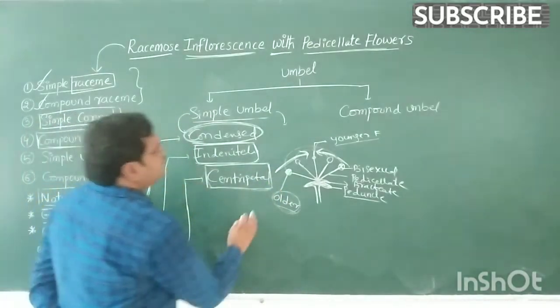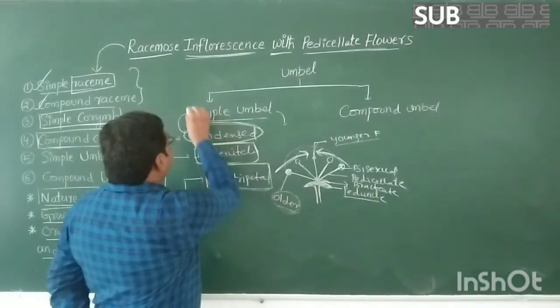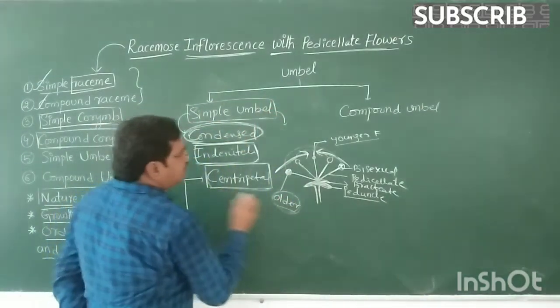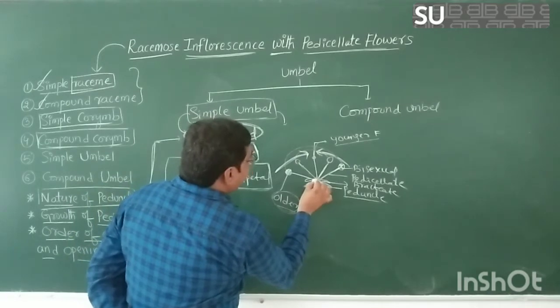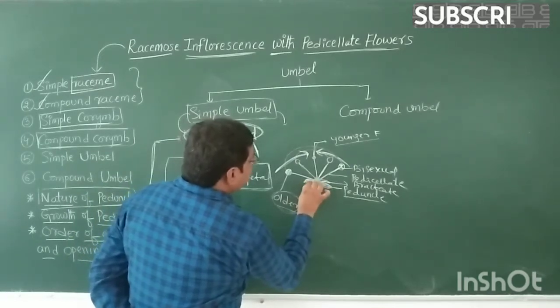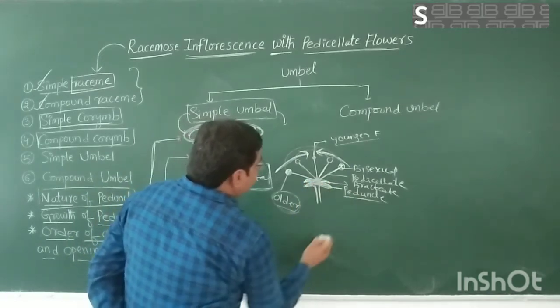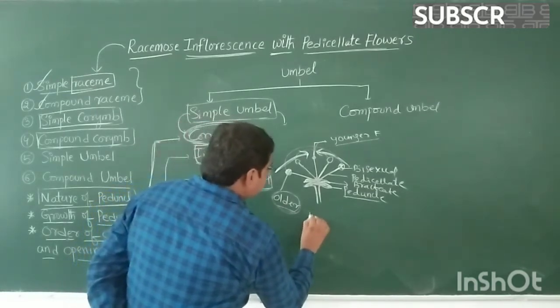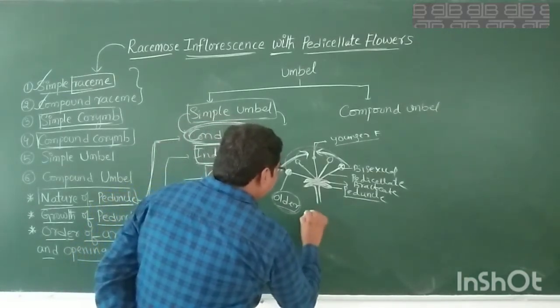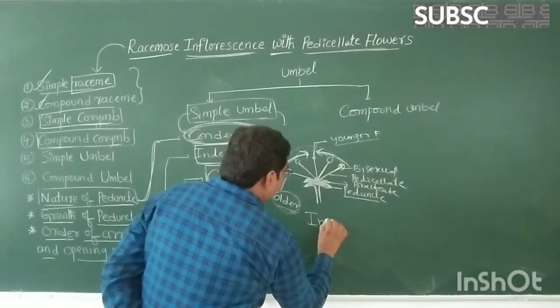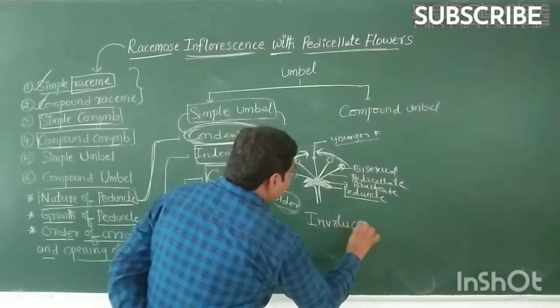So here the most important characteristic feature of the simple umbel: all bracts of the flowers unite to form a wall-like structure that is called involucre.